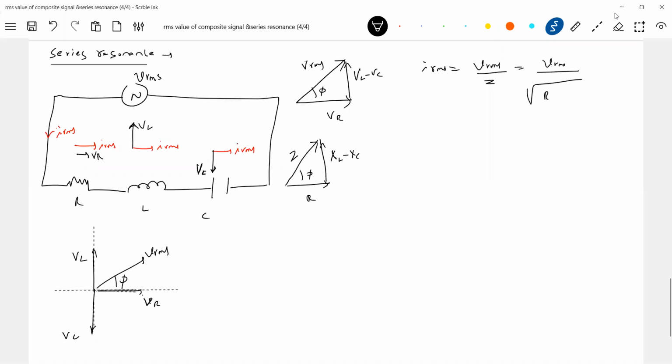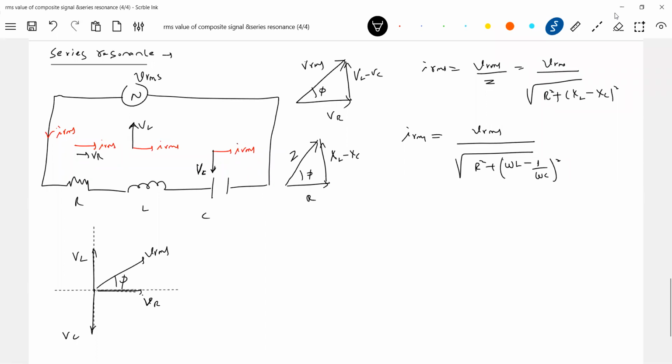Z is equal to square root of R square plus (XL minus XC) whole square. Let me expand this: omega L minus 1 by omega C, whole square.